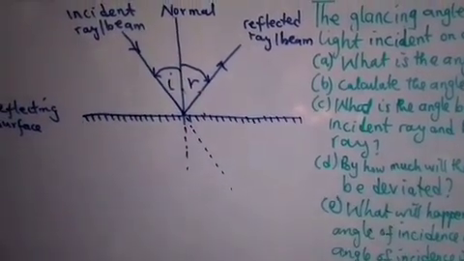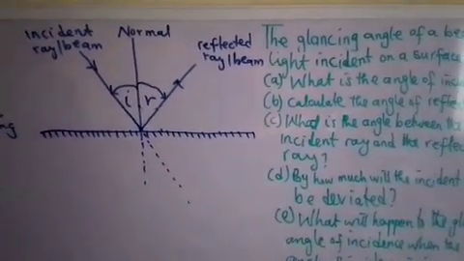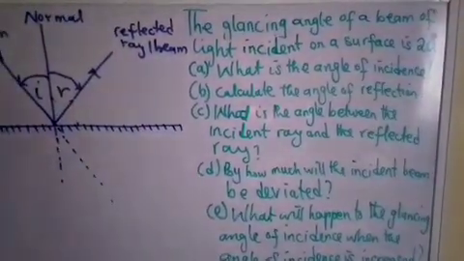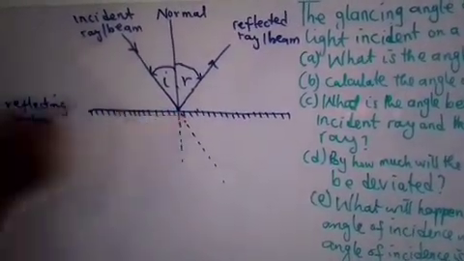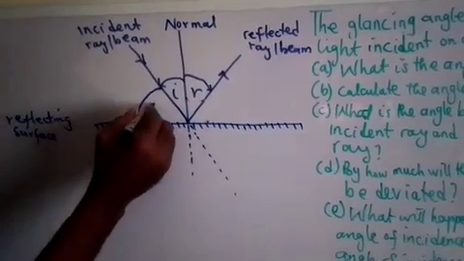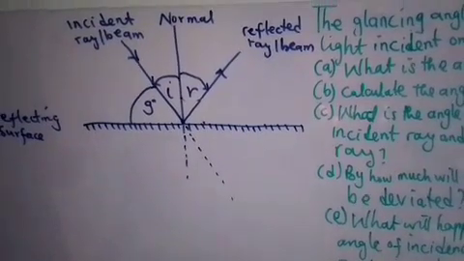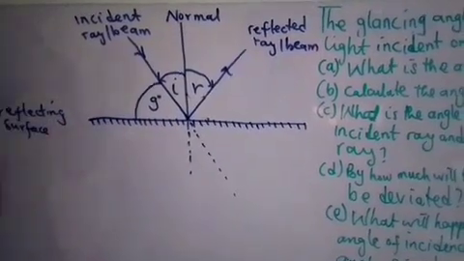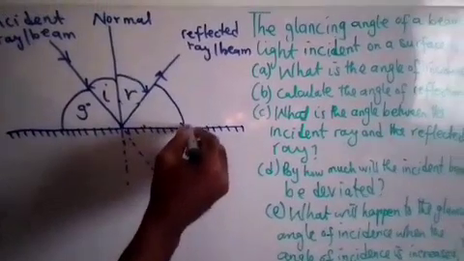Now, the first question is, how do we get the value of the angle of incidence? Now, you need to know the meaning of glancing angle. What does that mean? Very simple. You see the incident beam, right? There's an angle between the incident beam and the reflecting surface. That is called the glancing angle. So there's glancing angle of incidence. Also, there's another angle called glancing angle of reflection.